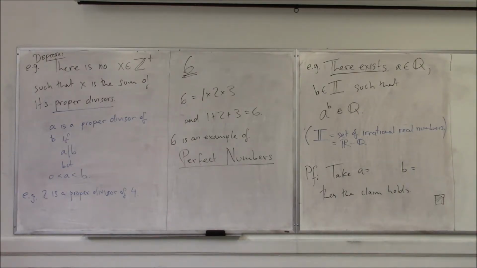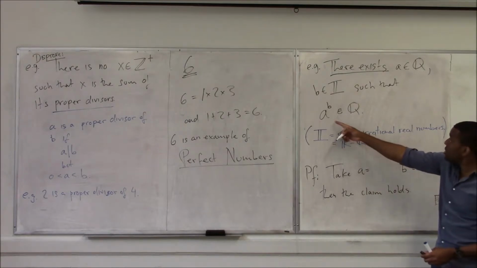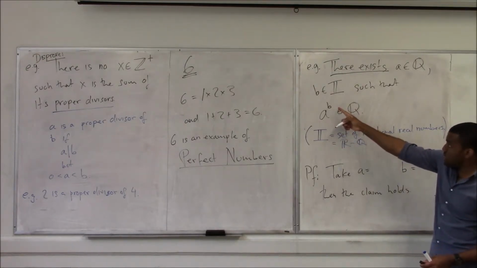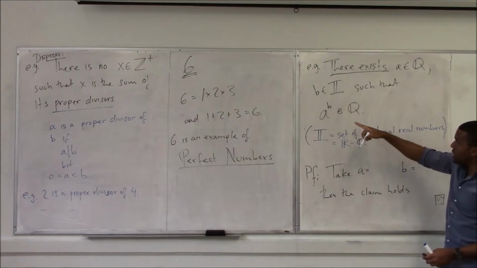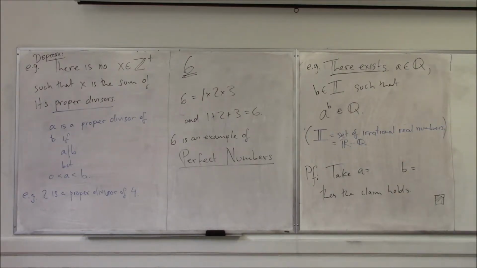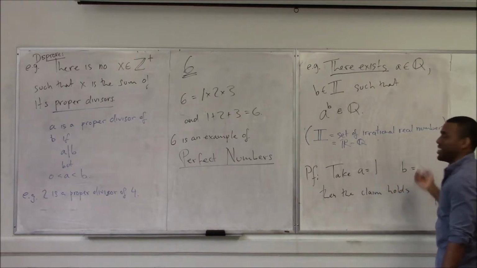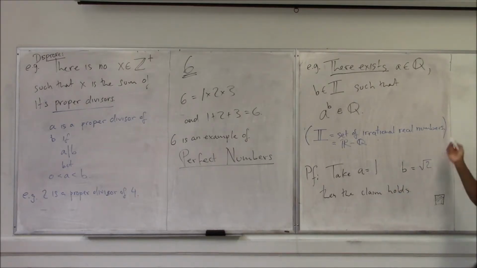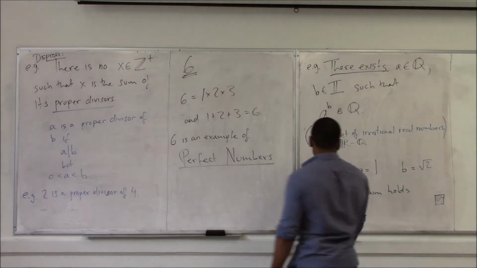Okay, so a, the base, has to be rational. The power that I raise it to has to be irrational. But when I take them as a whole, it's a rational number. One to any irrational number? 1 to literally anything. 1 to radical 2. There are many.